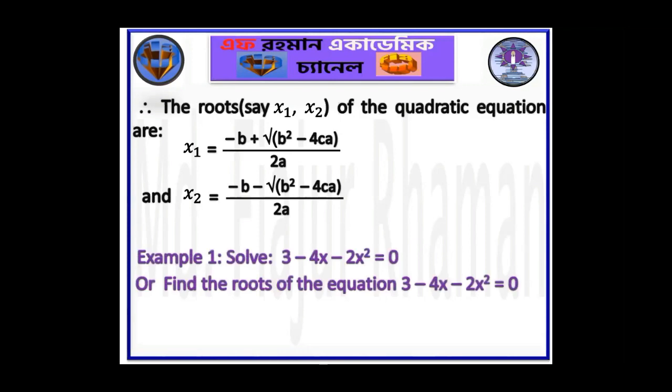Example 1. Solve 3 minus 4x minus 2x square is equal to 0.